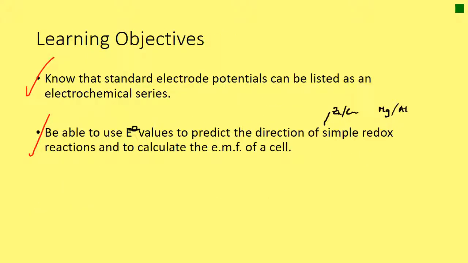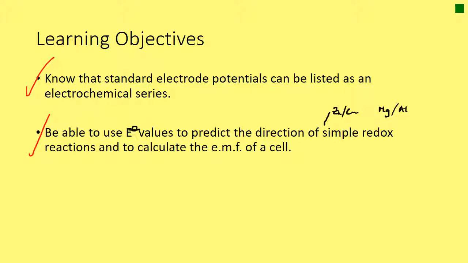Okay, and lastly, as usual, let's just check we've covered off our learning objectives. The first one was that we wanted to know that standard electrode potentials can be listed as an electrochemical series, and we saw the most negative electrode potentials at the top of the series, and then in order down to the most positive electrode potentials.